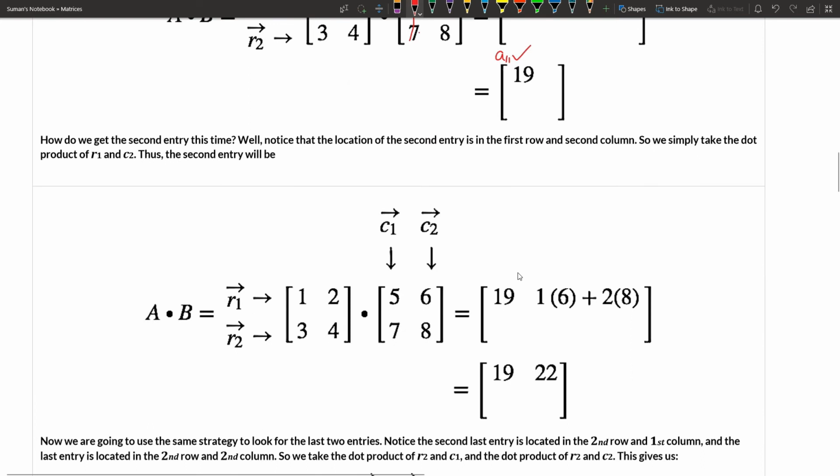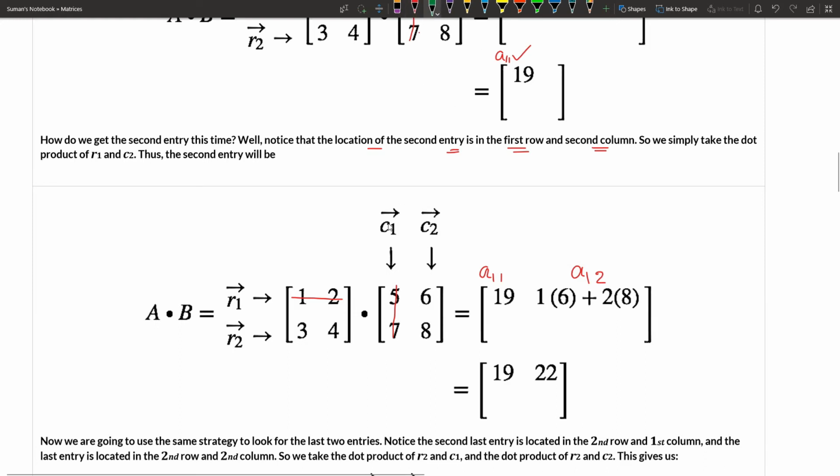Then how do we get the second entry this time? Notice that the location of the second entry is in the first row and second column. The first one was first row and first column, and we drew it with the red line.